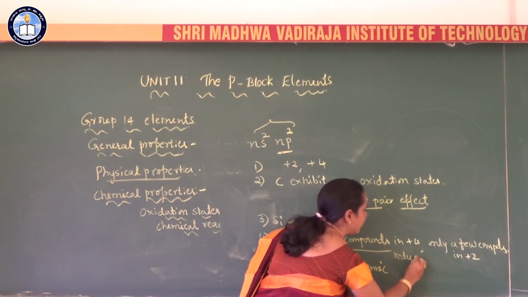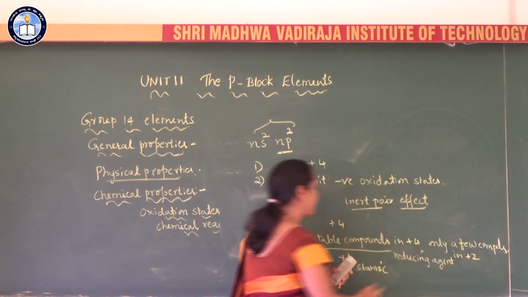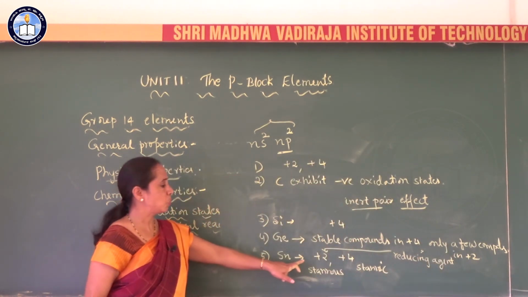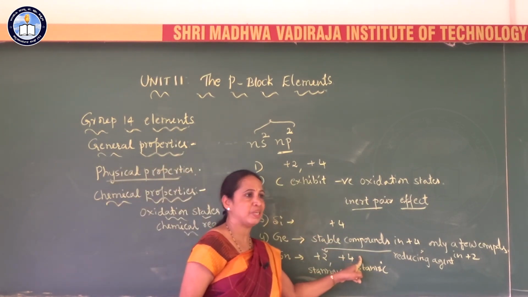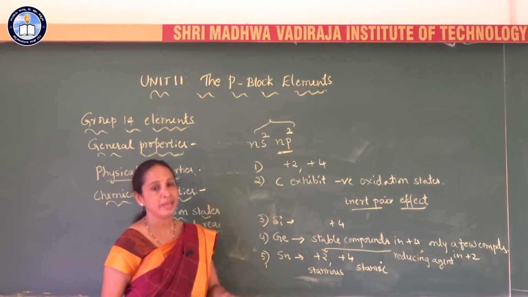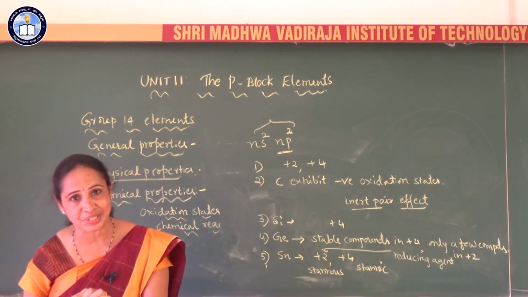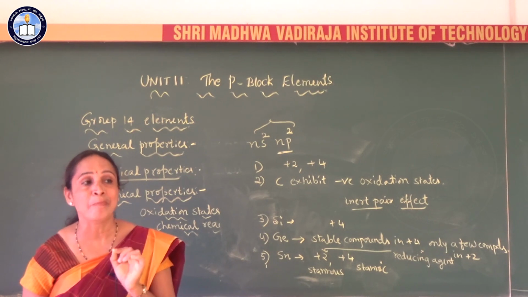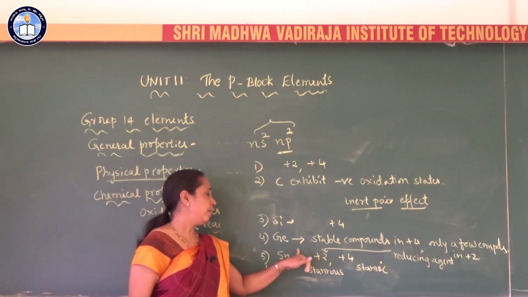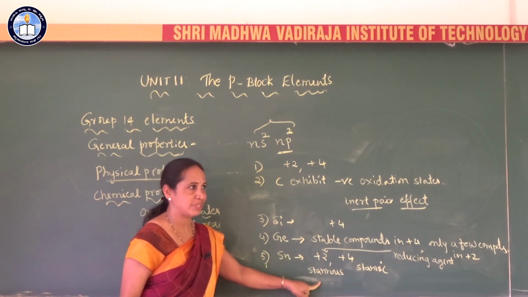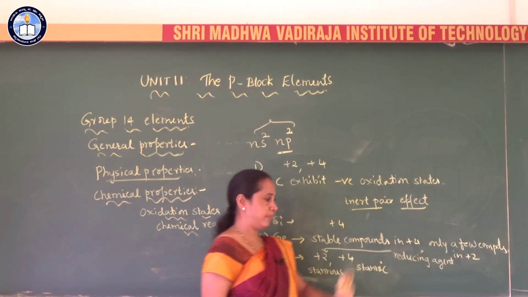Any element that by itself undergoes oxidation will act as a good reducing agent. So that's why tin in +2 oxidation state is found to be a good reducing agent.